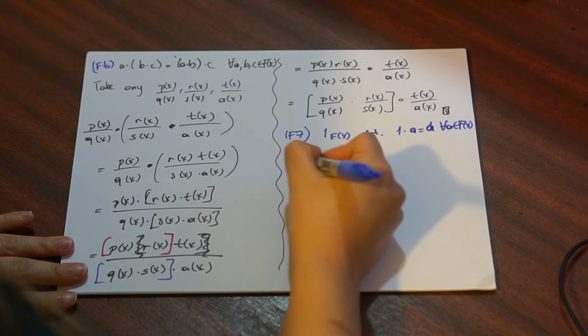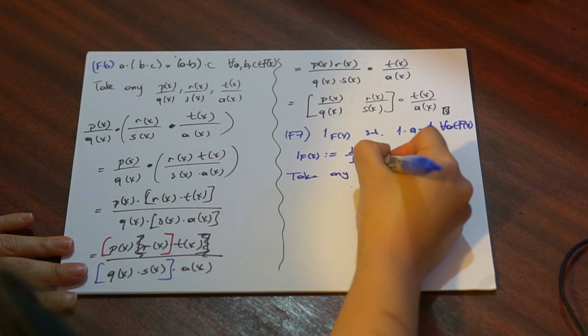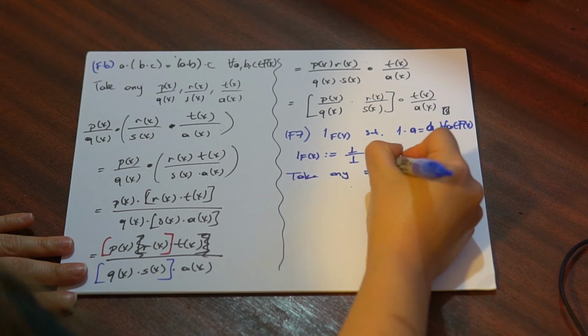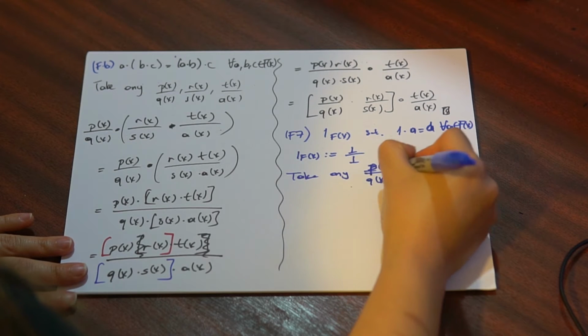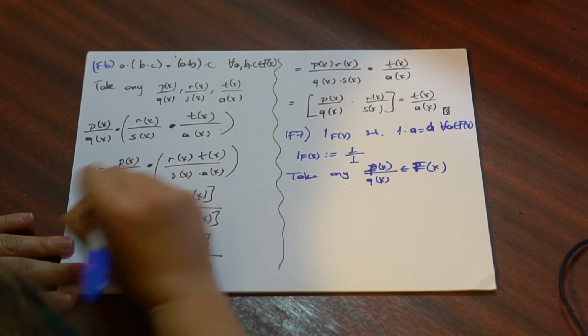Then let's take any p(x) over q(x) in the set of rational functions.